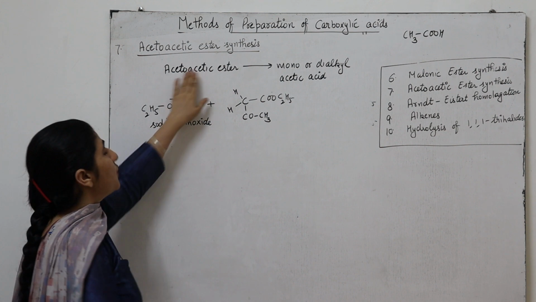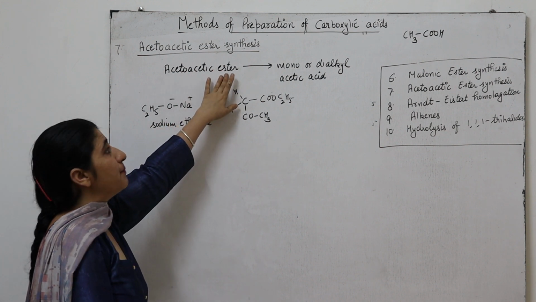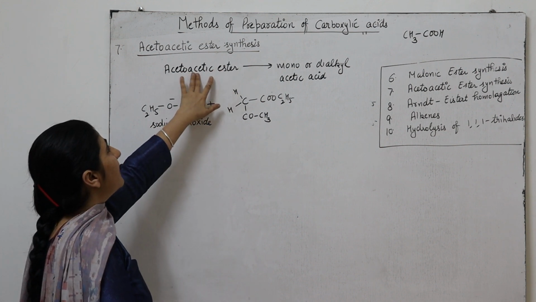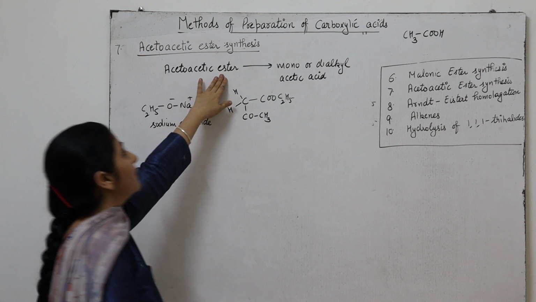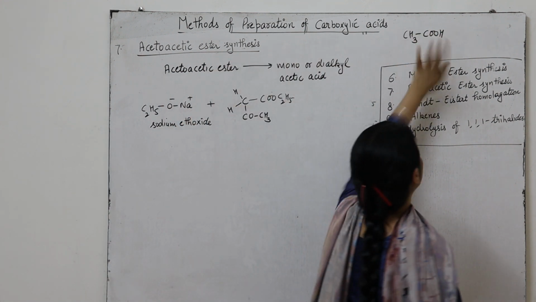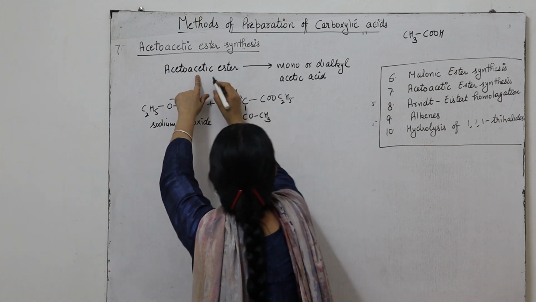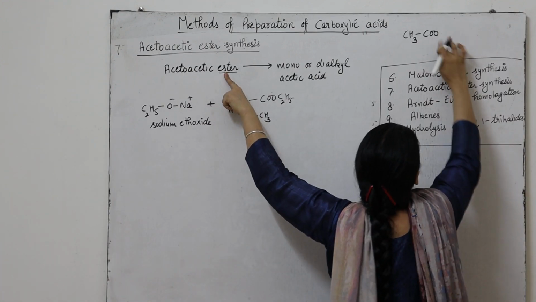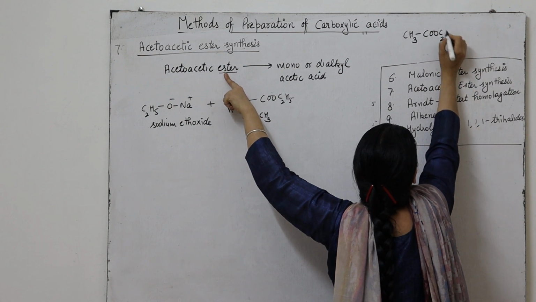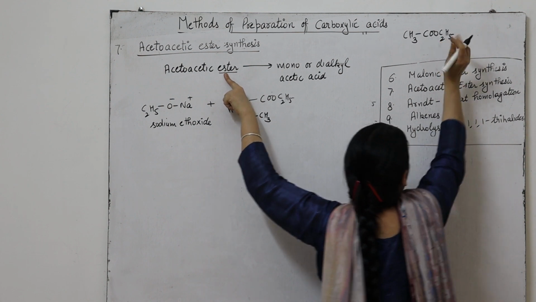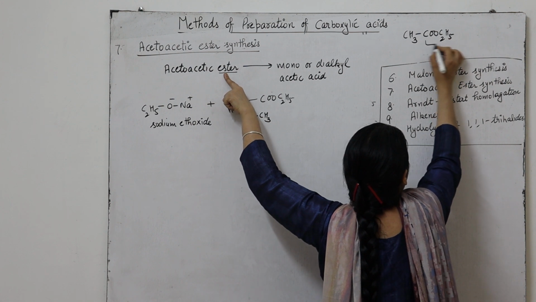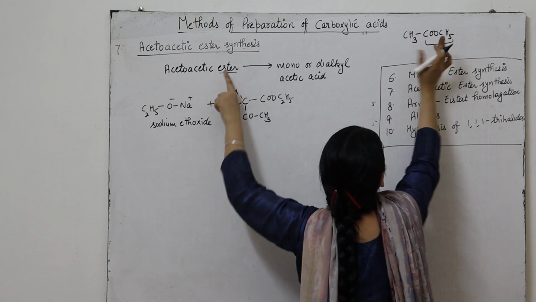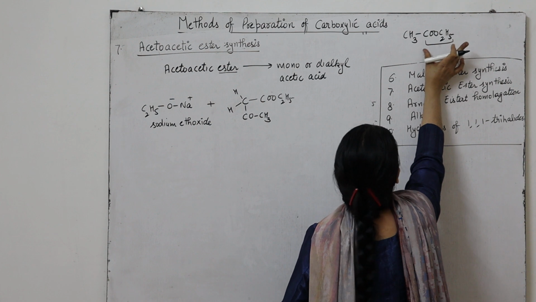So what is acetoacetic ester and how is it prepared? Actually, it is a derivative of acetic acid. So here we have acetic acid. Acetic ester means in this case the H of the acetic acid is replaced with the alkyl group, that is the ethyl. So this is known as acetic ester.